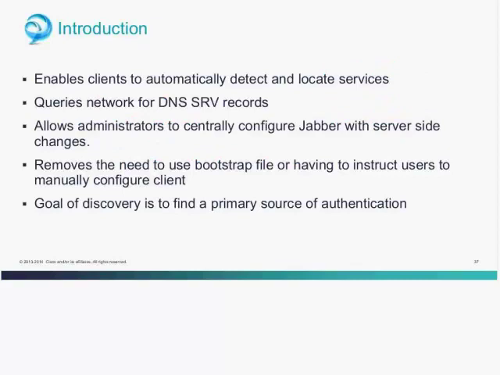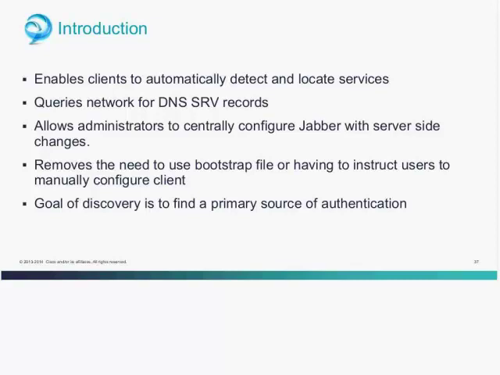So whenever a Jabber client is launched, Cisco Jabber 9.7 onwards automatically detects and locates services. How it does this is it sends a DNS SRV request to the DNS server configured for that client machine, and it gets a response back with a list of servers it should talk to.